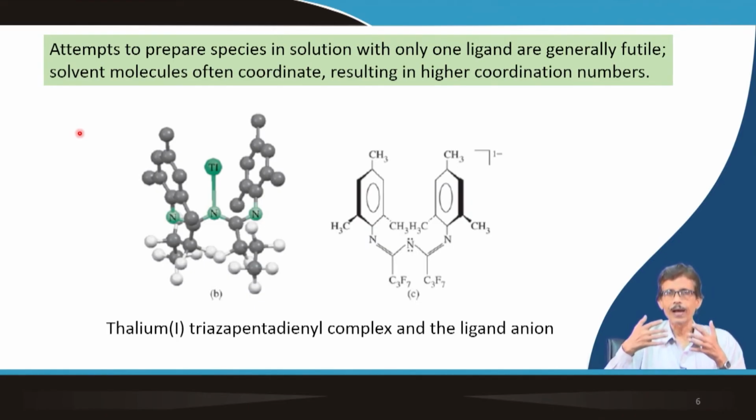By that time, just think whether you can have a similar type of monodentate ligand from biological origin, a very big protein molecule or polypeptide chain, which can form only one bond to the metal ion center like this particular case.